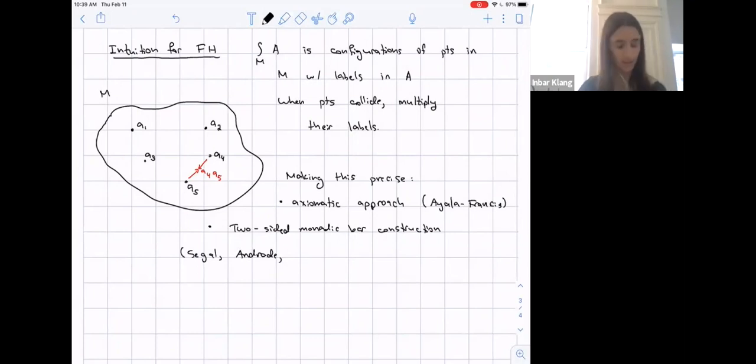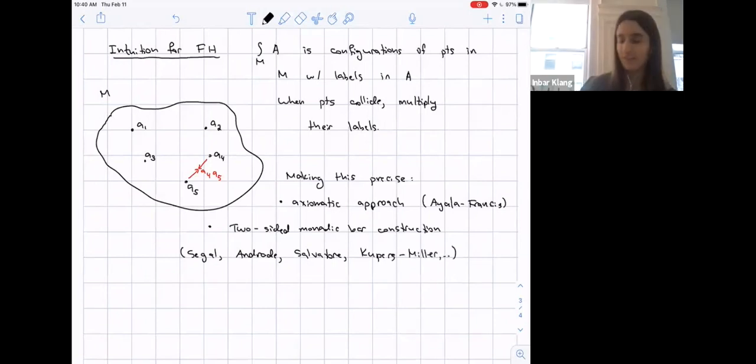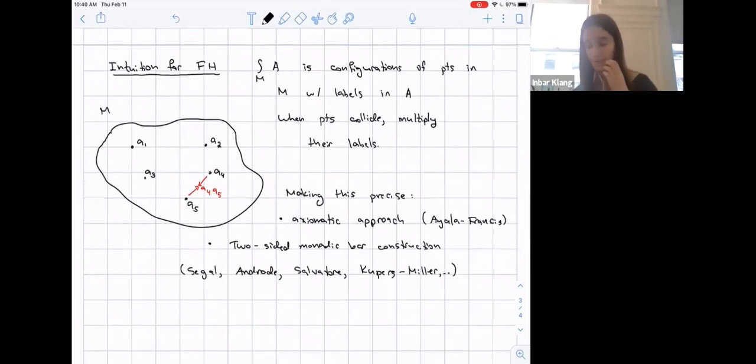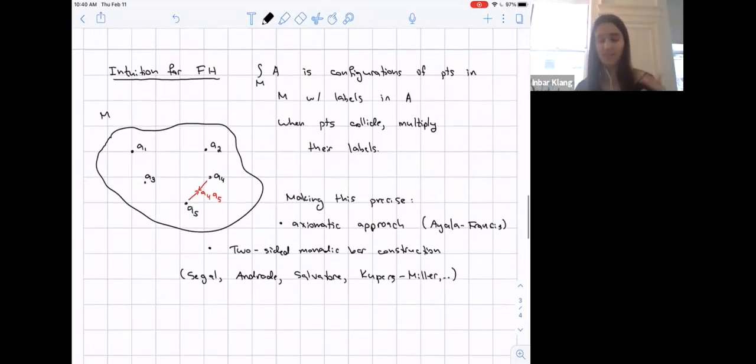Maybe I'll say Segal, Andrade, Salvatore, Alexander Kupers, and Jeremy Miller, and probably others. So this is kind of the picture for factorization homology, this labeled configuration space where you encode multiplications by collisions in the manifold.